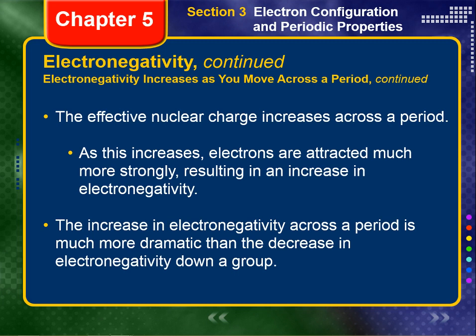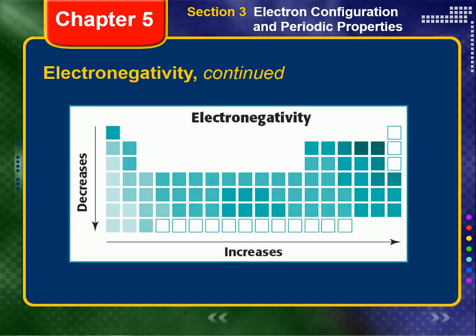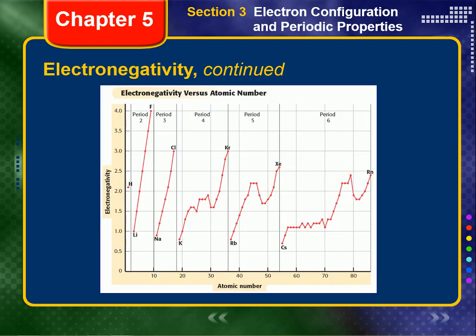The increase in electronegativity across a period is much more dramatic than the decrease in electronegativity down a group. And so here's our trend for electronegativity that you're responsible for remembering. As you go down a group, it decreases. As you go to the right across a period, it increases. So here are some more exact values, and you'll see this trend in action.